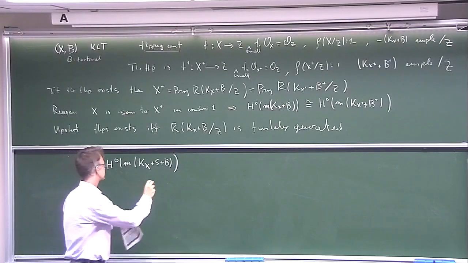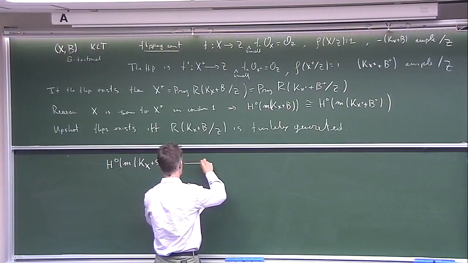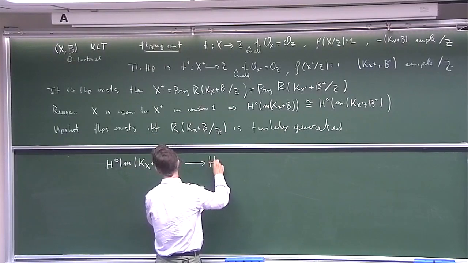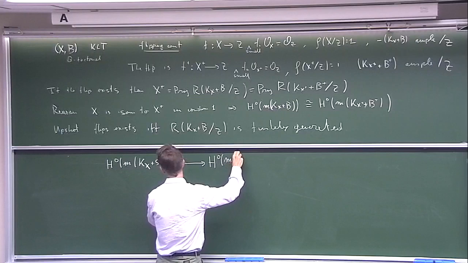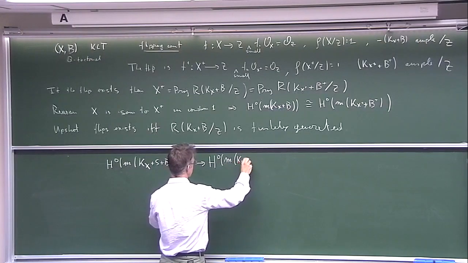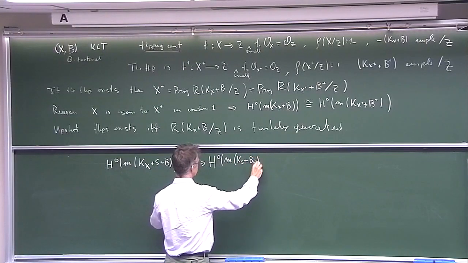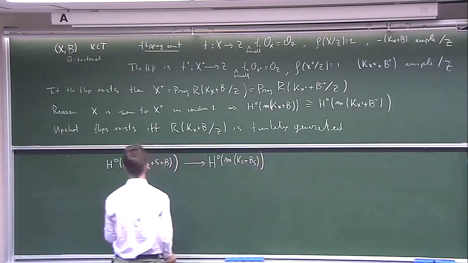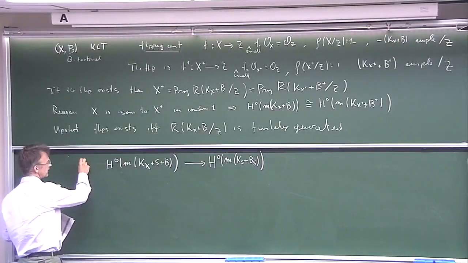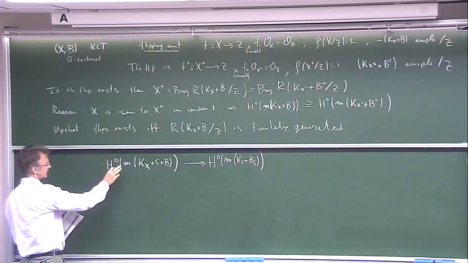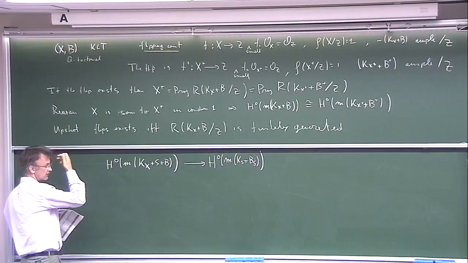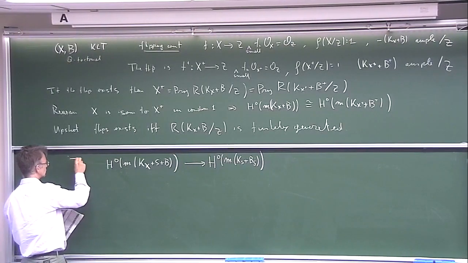Okay, now we have this distinguished divisor S, so we can look at the map onto m(K_S plus B_S), given by adjunction. The most interesting thing is that these maps in general are not surjective. It's easy to write examples where it's not surjective.